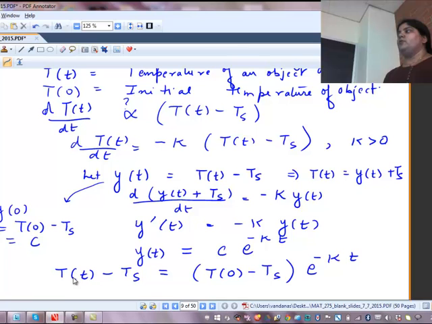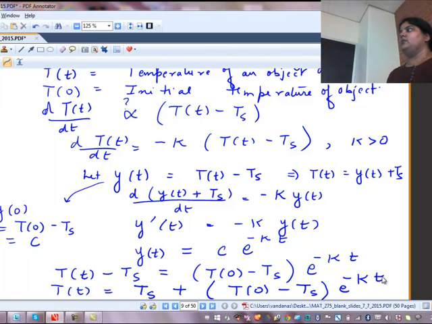So the temperature of an object at time t will be equal to Ts, the surrounding temperature, plus T0 minus Ts times e to the power minus kt.